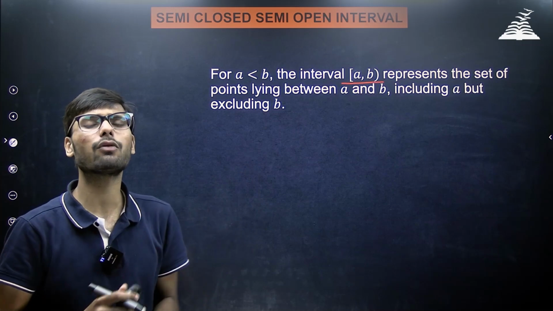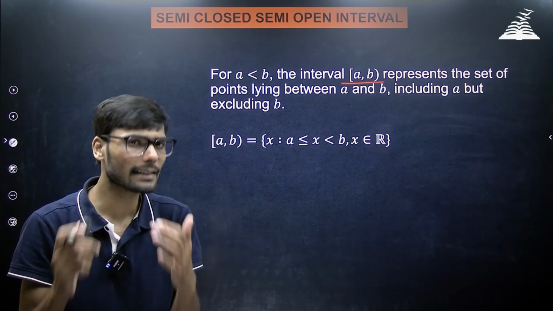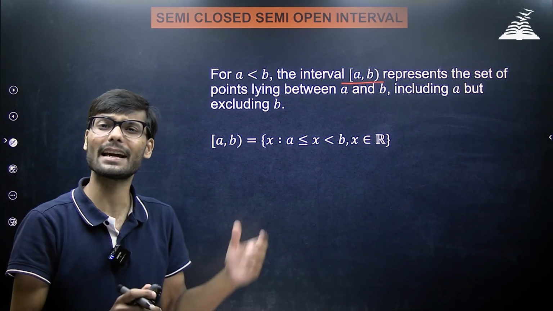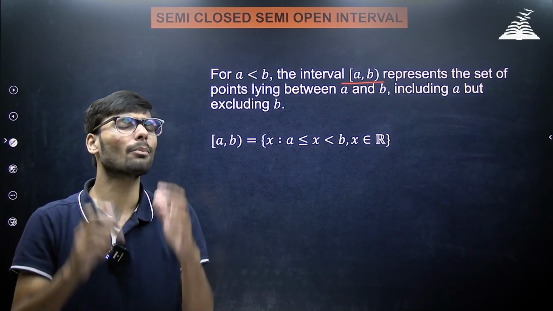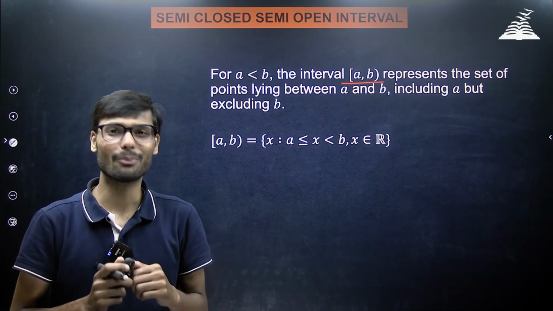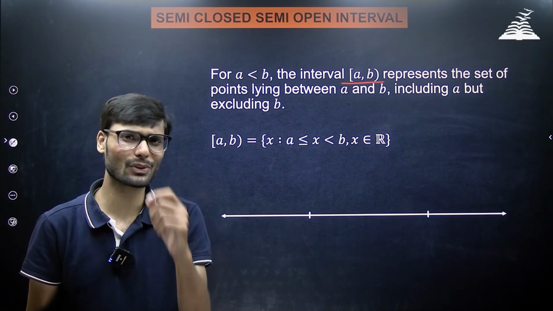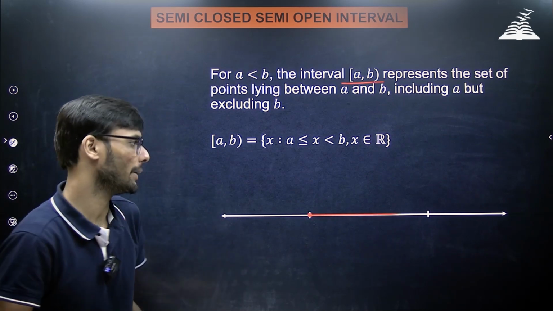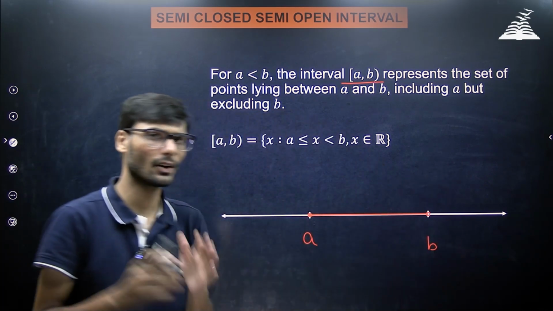So in the set builder form, we can write it as x such that A is less than or equal to x and x is less than B. That means x can be equal to A or any number between A and B, but it cannot be equal to the number B. On the number line, this time we are going to put a solid dot at A and a hollow dot at B. So this is A, that's B, right?